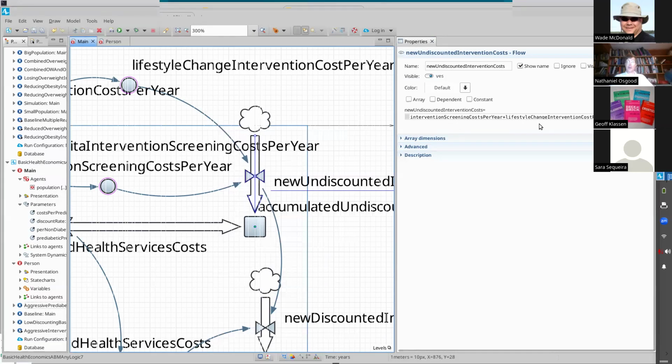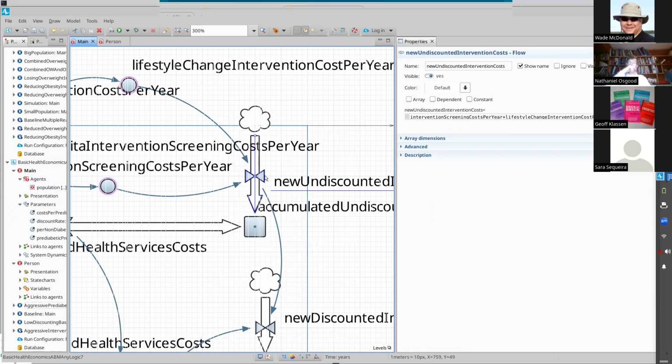They're both cost per year. That's why they're associated with the flow. Flows, if you have a stock of units X, maybe it's persons, the flows in and out of it will be dimensions of units X per time.